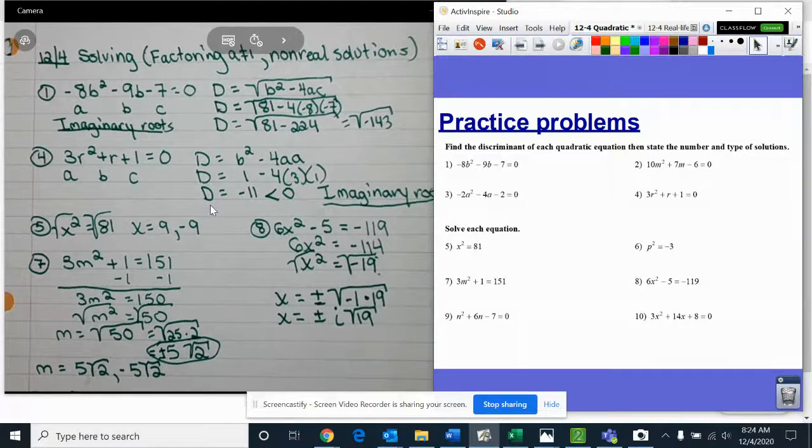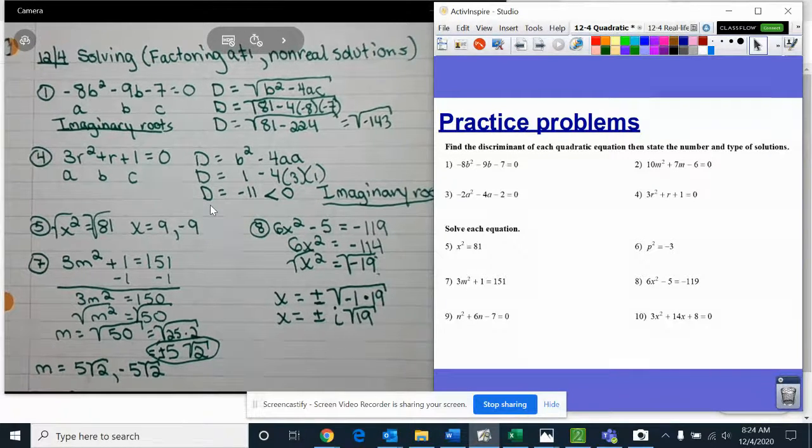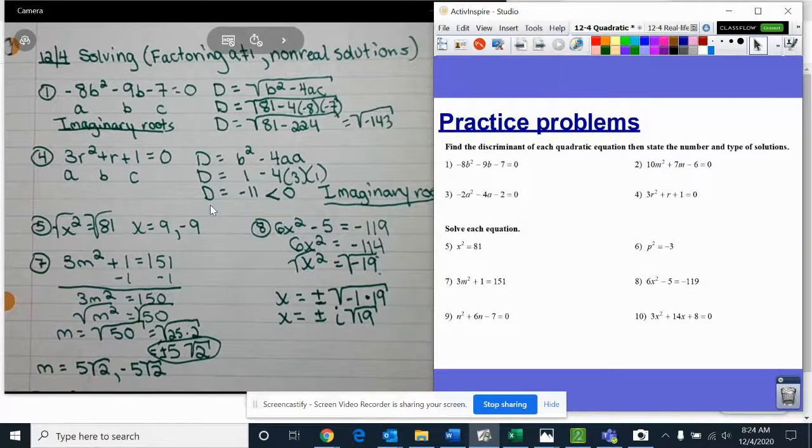But then we need to add up to that middle term of 6. And the only way to do it is using 1 and 7. But 7 has to be positive and 1 is negative. So our factored form is n minus 1 times n plus 7. And that tells us our solutions are 1 and negative 7.